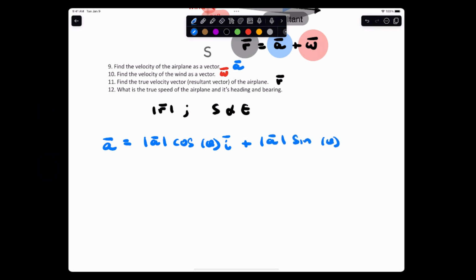Sine theta what? J. And then your wind vector will be what? Length of the wind, cosine theta I plus that length of the wind, sine theta J.